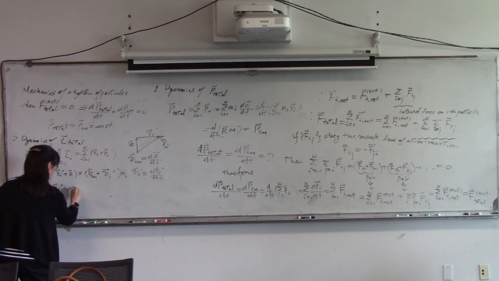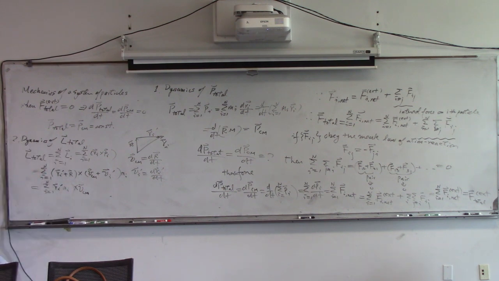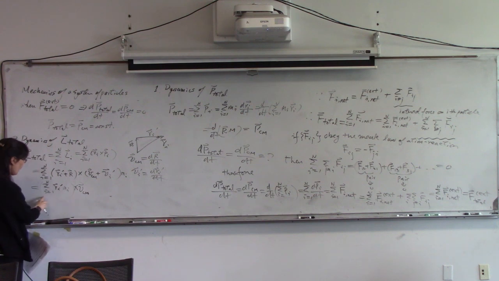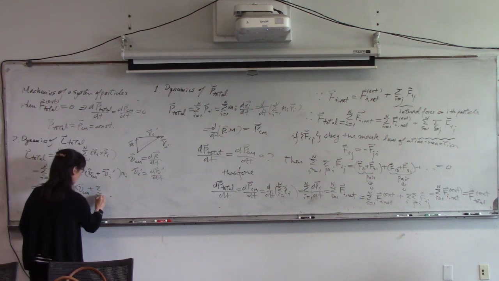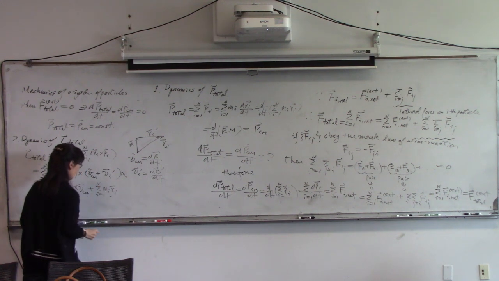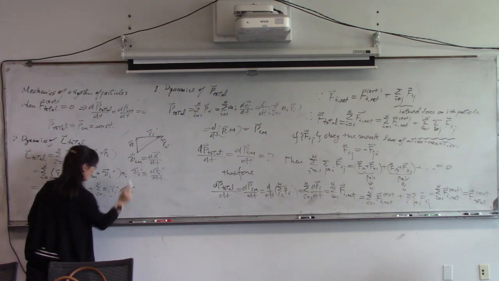So this one crosses with V_CM. That's the first term, because this one does not depend on i, so I take it out. Now the second one: the summation from i=1 to n of mi Ri prime cross product Vi prime.